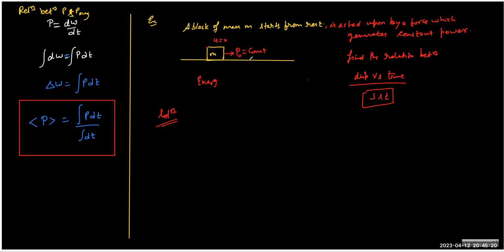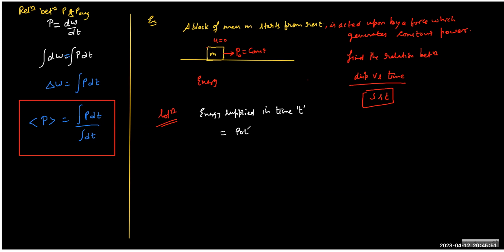Tell me, in time t, how much energy will be provided? Because power is constant, see, power is the energy per second. So to know the energy in a given duration, just multiply by time if it is constant, or integrate if it is variable. So energy supplied in time t is P not into t.